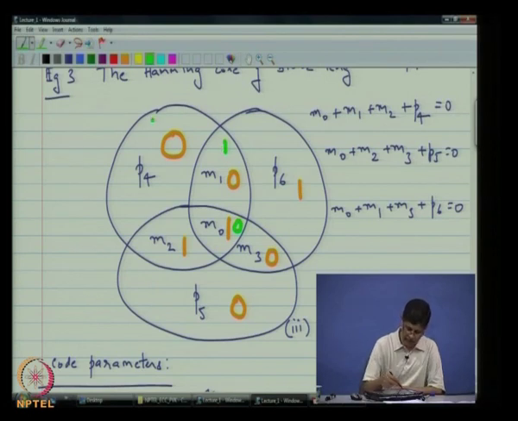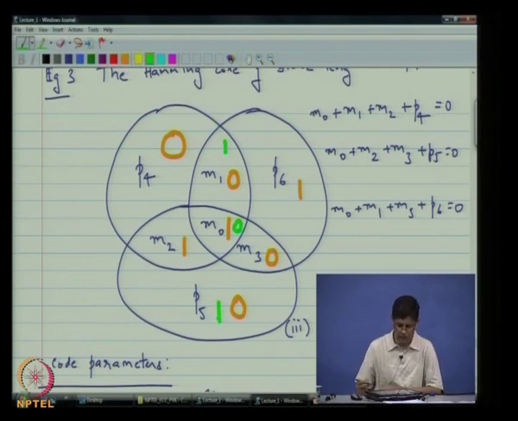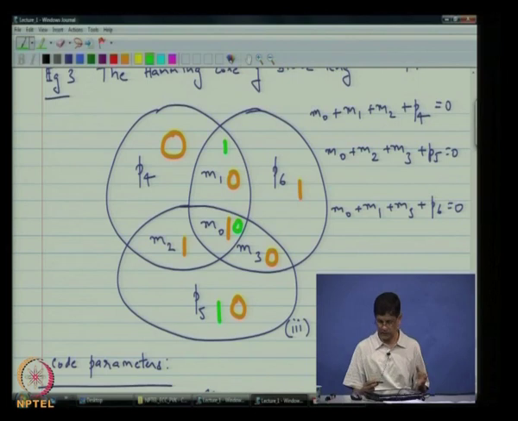So, now I have balanced parity in both of these circles, but then I am left with this circle. I do not want to change this or this because that will upset the parity in the 2 circles that I have already balanced. So, I try to change this one. So, I do this. So, you see that I was forced to put 3 green entries here, which meant that 3 symbols had to be changed. That is an indication that the minimum distance of the code is actually 3.